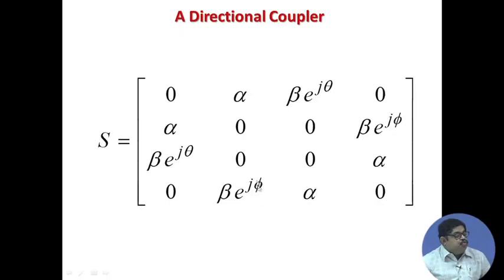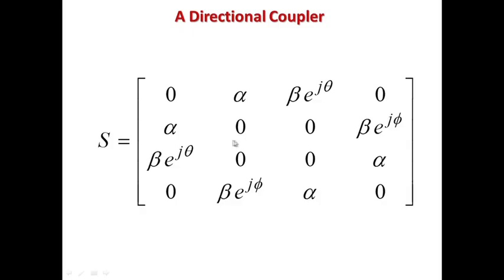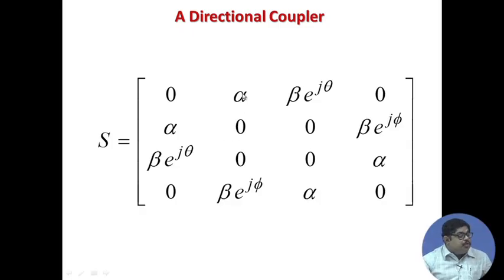Okay. Similarly, what happens if we give power at port 2? You see nothing comes out from port 2, power goes to port 1, power goes to port 4, and nothing comes to port 3. So, if you give power at port 2, port 3 is an isolated port.